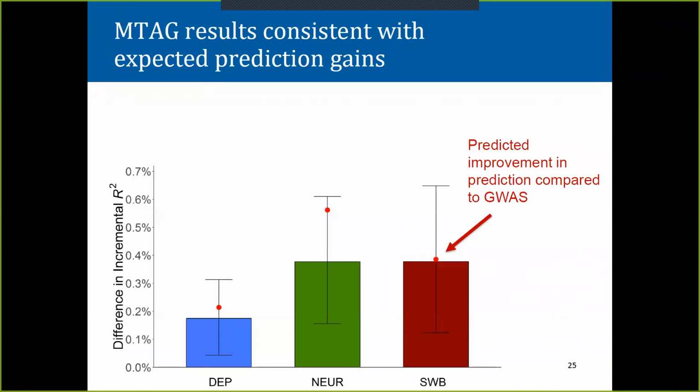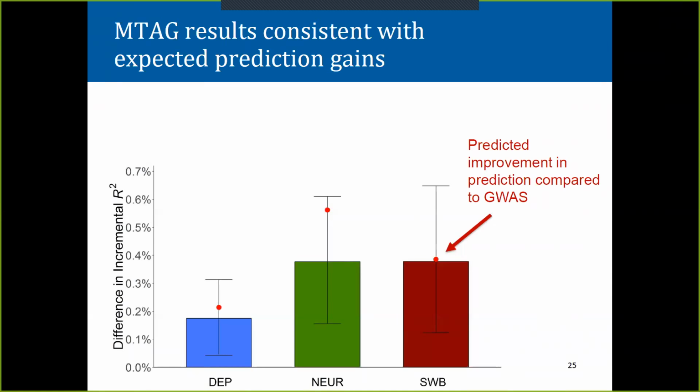So if the boost in power that I showed you in the Manhattan plots was purely an artifact, just noise, then we wouldn't expect to see any increase in predictive power.